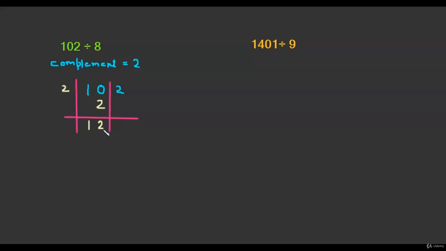Again we multiply this result with the complement number 2 and write the answer below the next dividend digit. So 2 times 2 gives us 4. Again we add these, 2 plus 4 gives us 6. Now this part is the remainder and this part is the quotient. So the quotient is 12 and the remainder is 6.